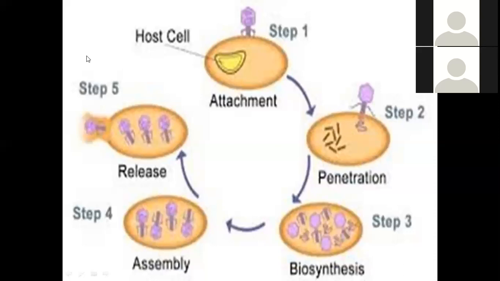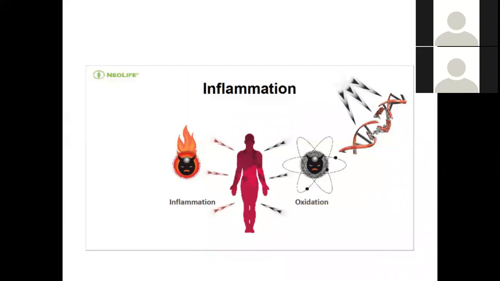And those ones will go and repeat this process. So once there's viruses in you, you need a good immune system, which is enhanced by what we are talking about today, which is good sleep, among many things, including nutrition and lifestyle.